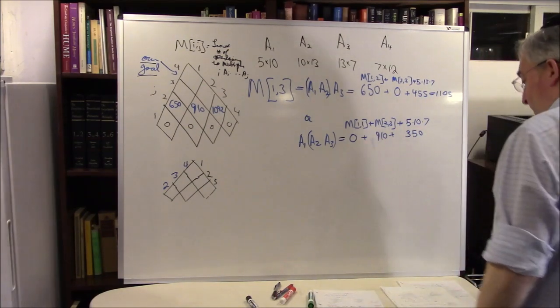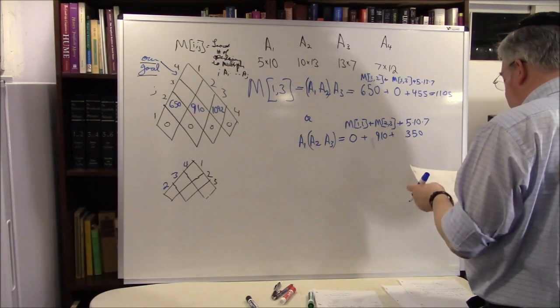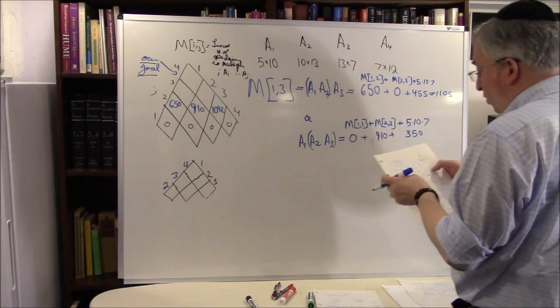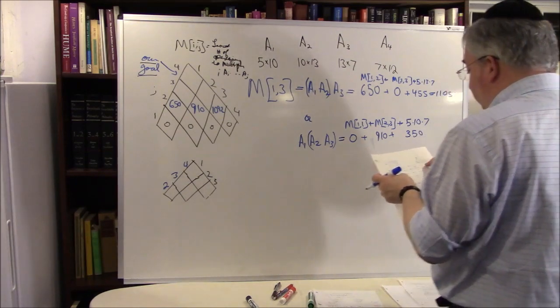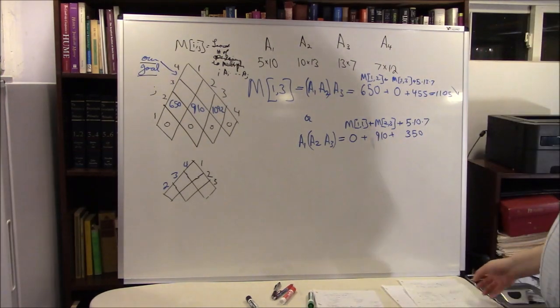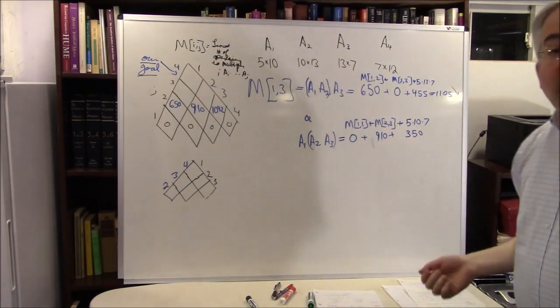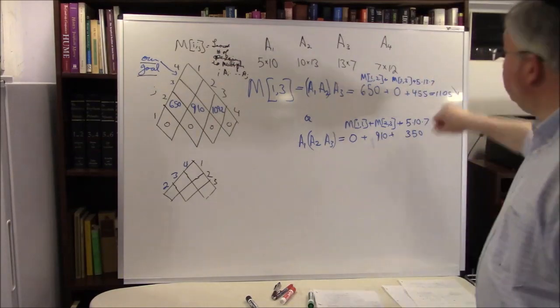Okay, great. And if you add that up, what do you get? What's smaller, this or this? And the answer is this. Okay? And so we write that down. We looked at this way, and we have to find the minimum, and we find that this is the minimum.